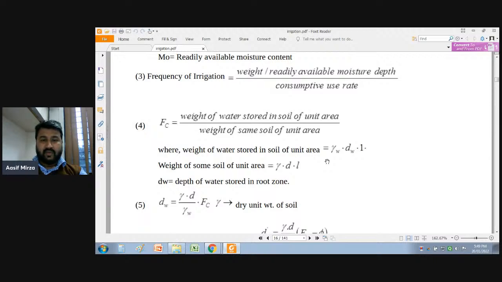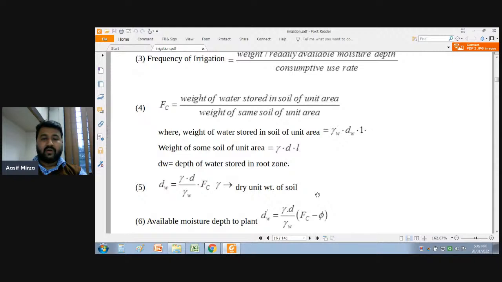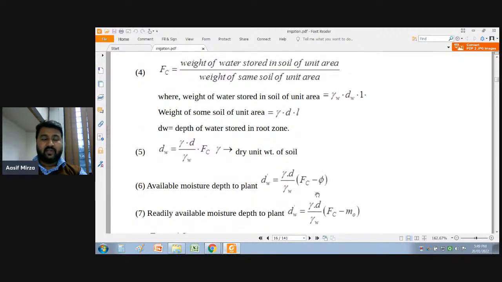Not 1, this is L. The weight of the soil of unit area is gamma d into L, where dw is the depth of water stored in root zone. So dw is calculated by gamma d divided by gamma w into Fc, where gamma d is the dry unit weight of the soil.